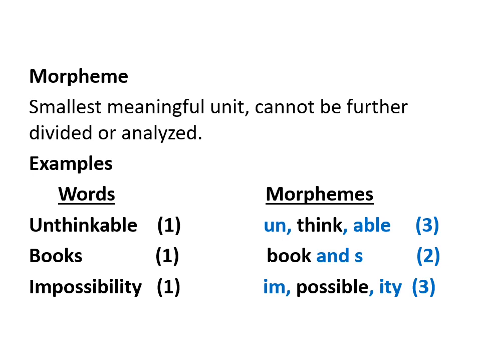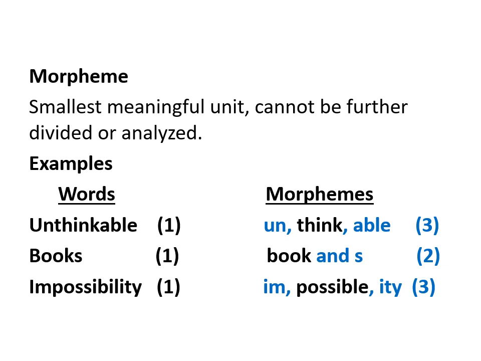Here we can see some examples of morphemes. Three words, like unthinkable. This is one word. When we divide this one word into different morphemes, there are three morphemes. Unthinkable has three morphemes, whereas it was one word.